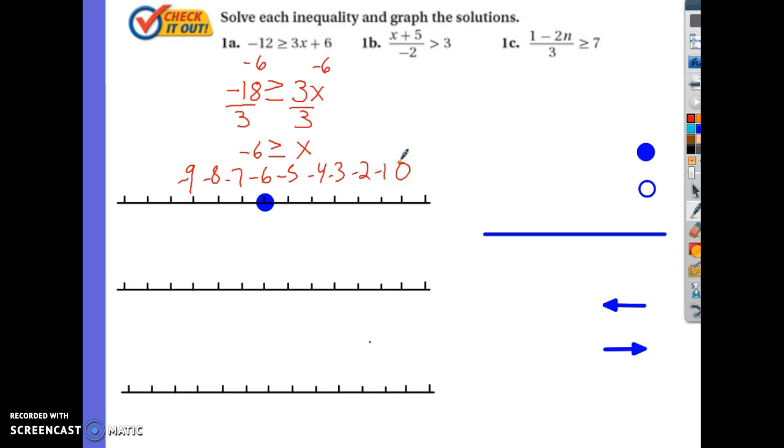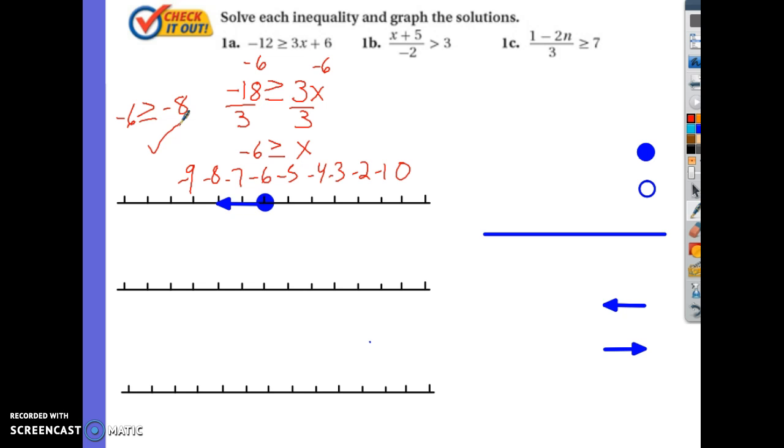And x has to be less than or equal to negative 6, so our arrow needs to be going in the left-hand direction. To make sure this works, negative 6 is greater than or equal to a value over here, so I'll just use negative 8, and that's true, so we check it.